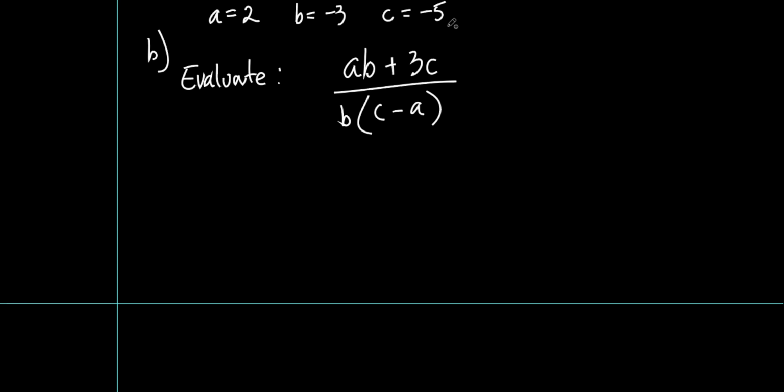Anybody get an answer yet? All right, Megan, what'd you get? 1? Anybody else? You got a -1? Any other possibilities? Mason, what'd you get? -1. So I got a couple -1s.